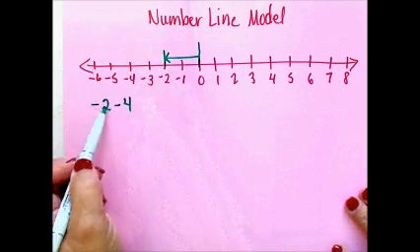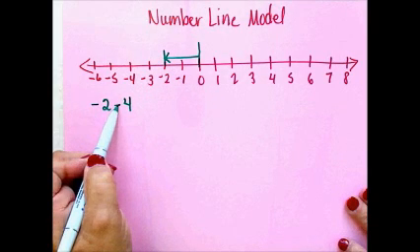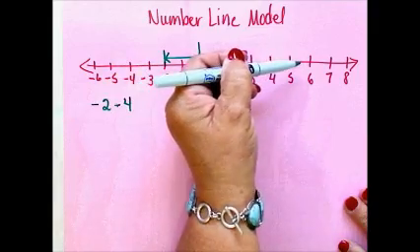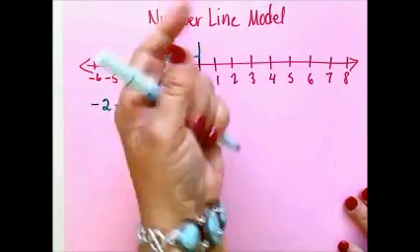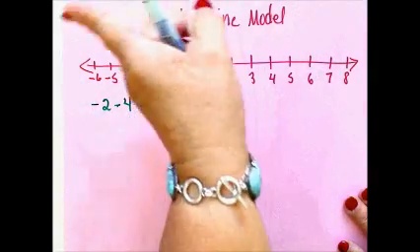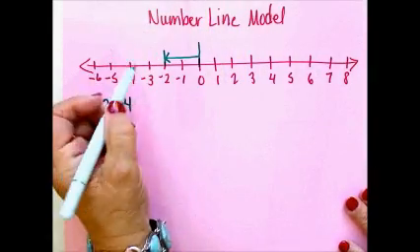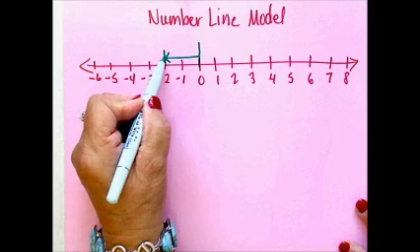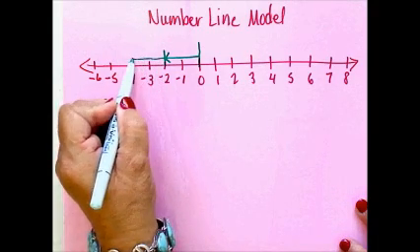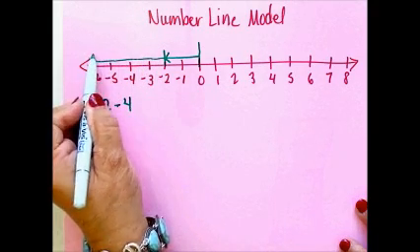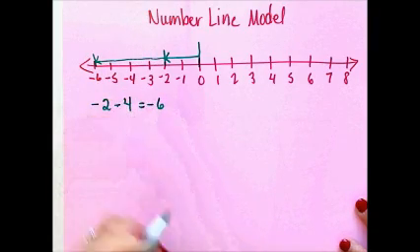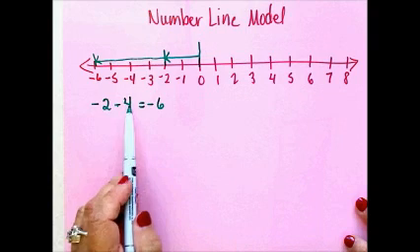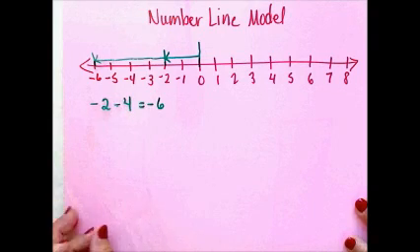Then this tells me to go in the opposite direction of 4. 4 would be this way to the right, so I need to go the opposite of 4, which would be negative 4, from where we left off. 1, 2, 3, 4. So that leaves me at negative 6. And using our rules, same sign, add, and the answer takes the sign of the big number.